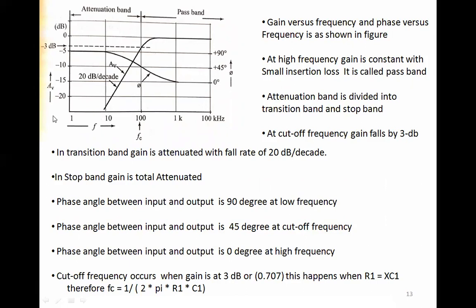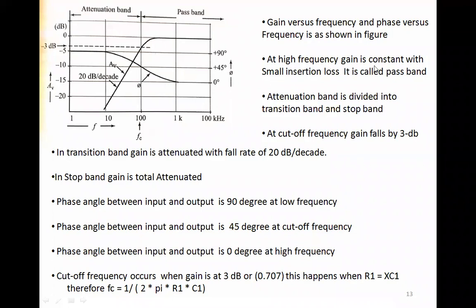So at lower frequencies you find that the output is actually climbing up and trying to become stable, and after the FC is when it starts becoming constant, and it's called pass band, right? So gain versus frequency is shown, and then what is happening to the angular form, right? Plus 90 and plus 45, and at 0 degree.